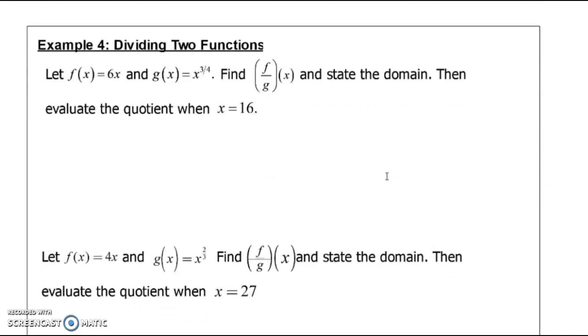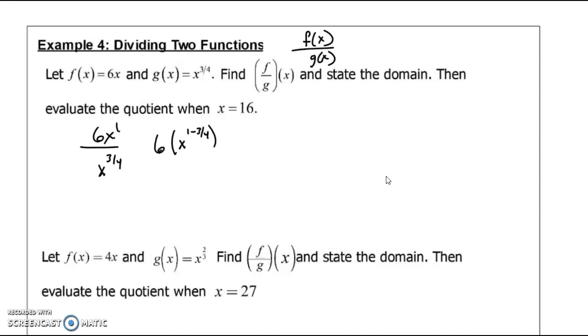All right, so on example 4, that's where we're dividing two functions. So when we see f divided by g of x, that's the same as f of x divided by g of x. And then we need to state the domain. So we're going to have 6x divided by x to the 3/4. Now remember, 6x is like x to the 1. So one thing that we can do is subtract the powers.